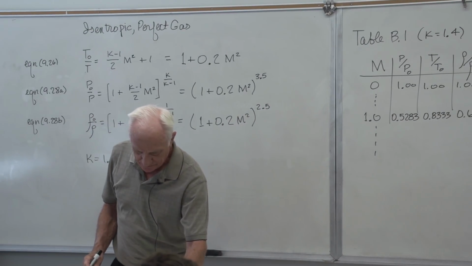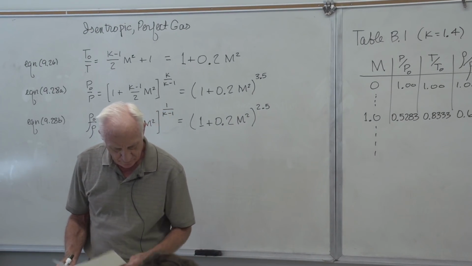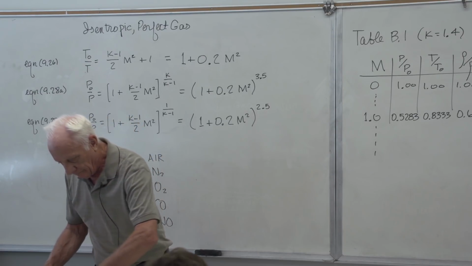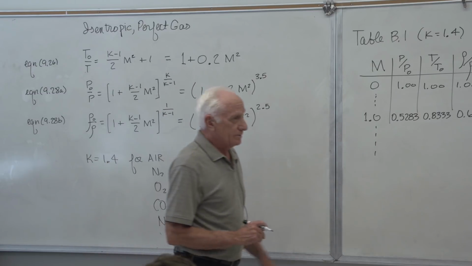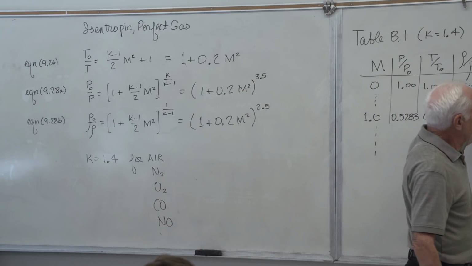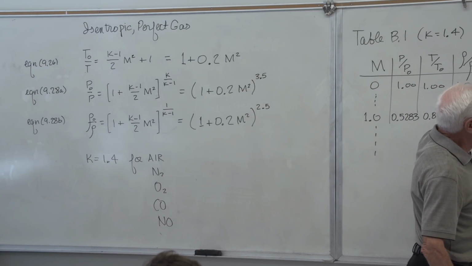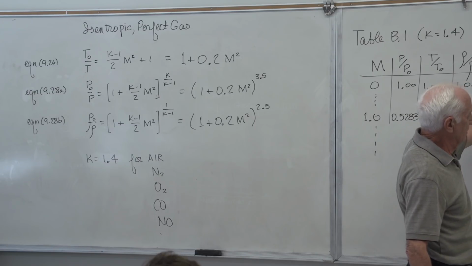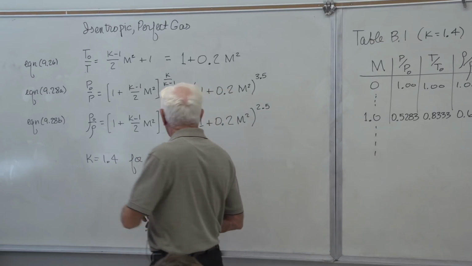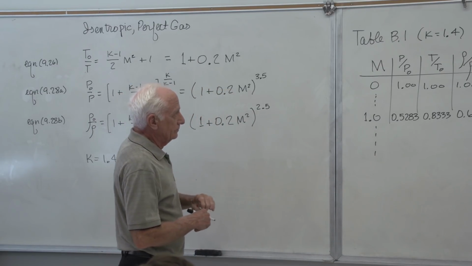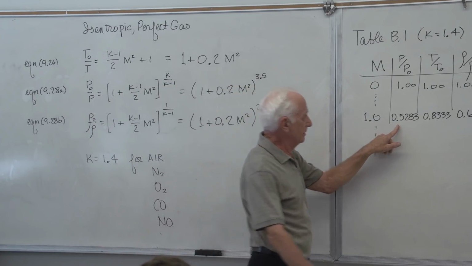So that's where the flow, if it does reach Mach 1, that's the value of the pressure at that location, the temperature at that location, the density at that location. Here they are here too.